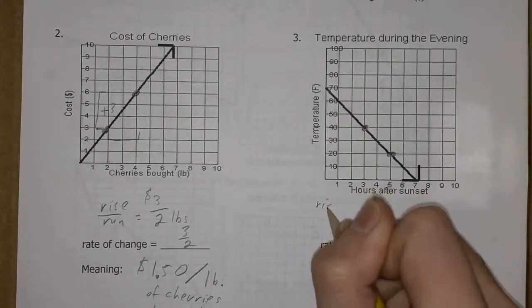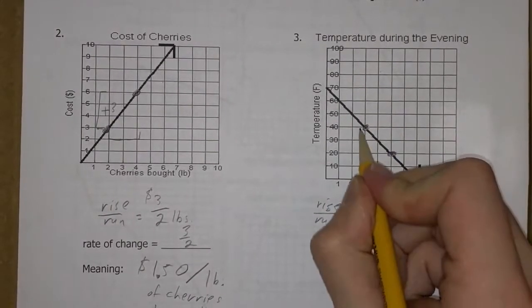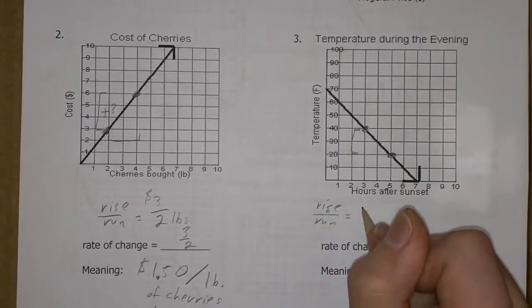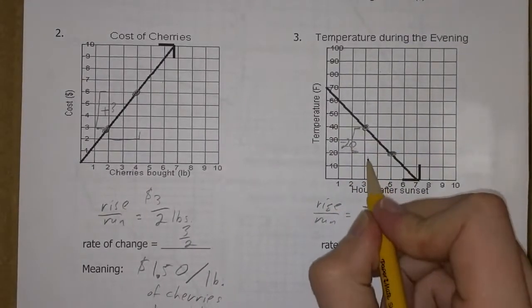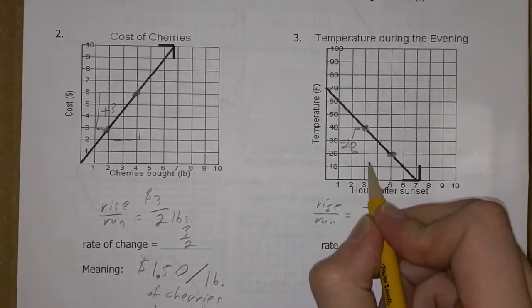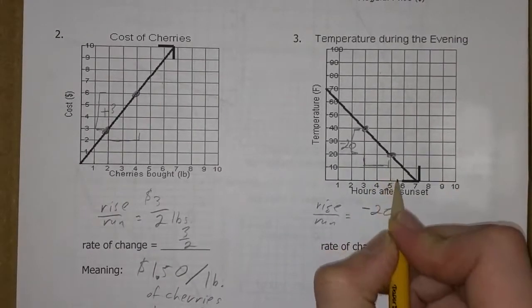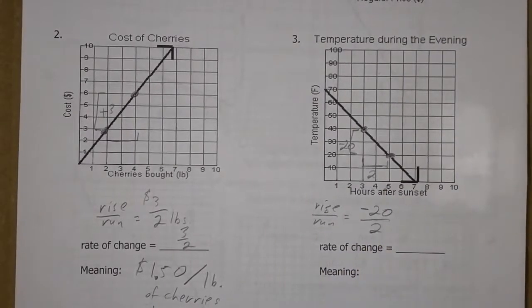So I'm going to do rise over run. The rise is going from 40 to 20, so that is actually falling, negative 20. The run goes from 3 hours to 5 hours, so that's 2 hours. So negative 20 over 2.